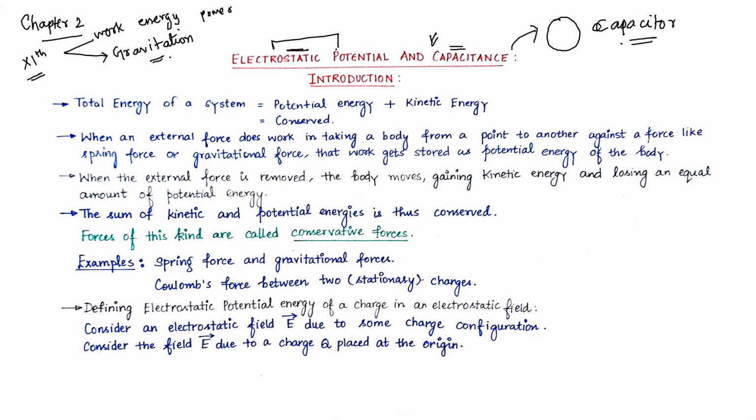So in both these chapters you have seen the concept of energies. In that we have many kinds of energies, but mainly the energies we focused on were kinetic energy and potential energy. So what is kinetic energy? The energy by virtue of an object's speed is known as kinetic energy.